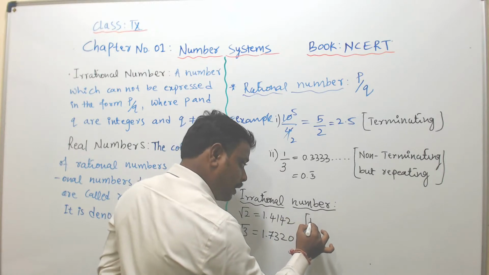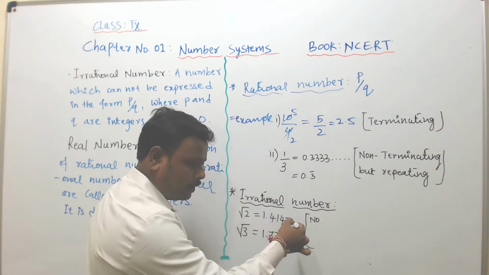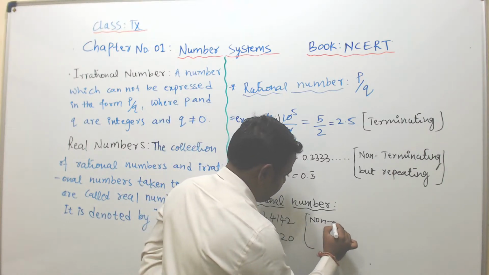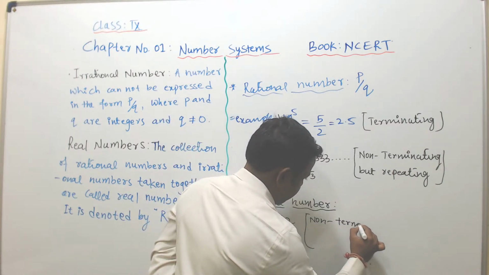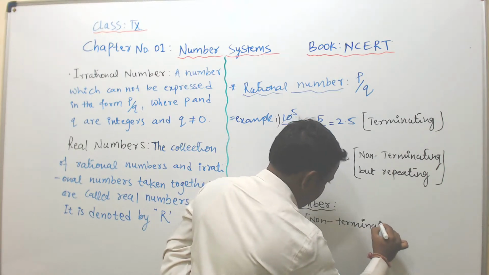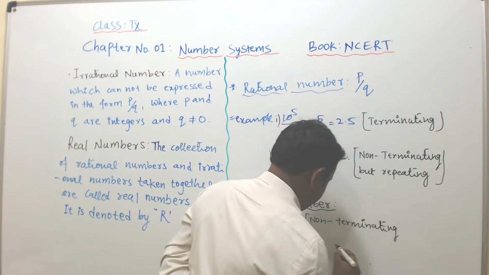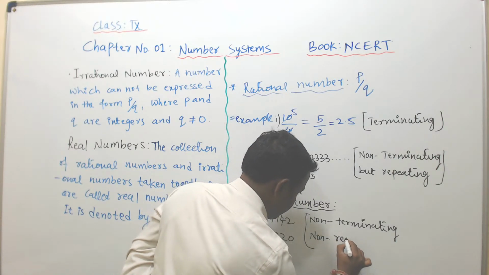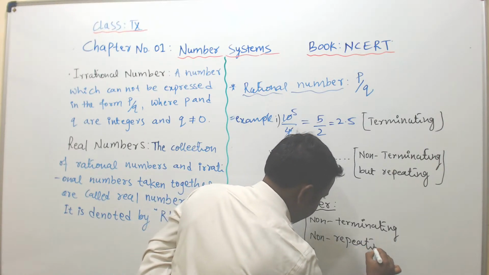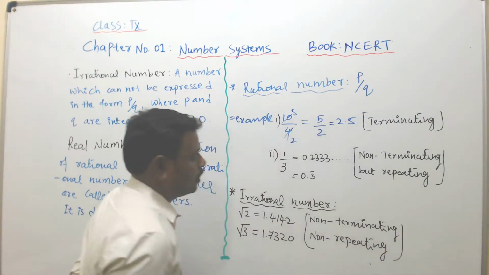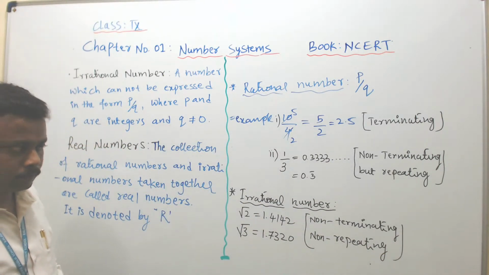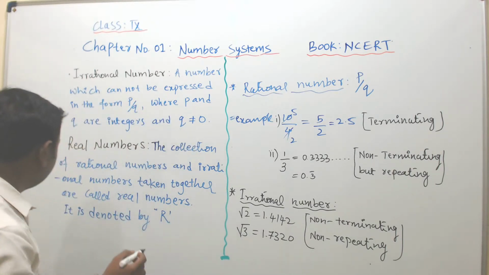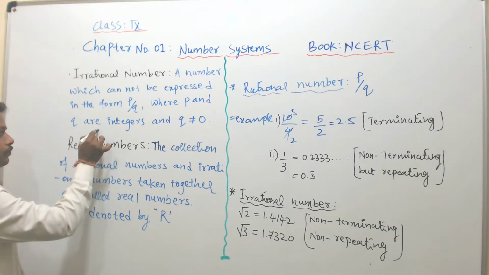These are non-terminating, because we keep on getting the remainder. Non-terminating, non-repeating.